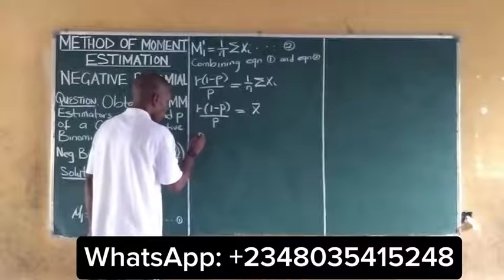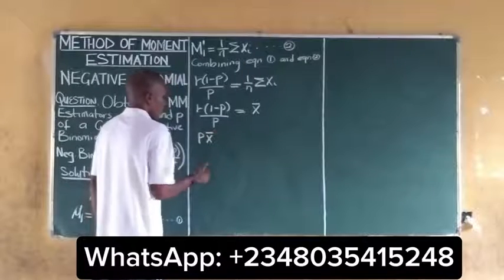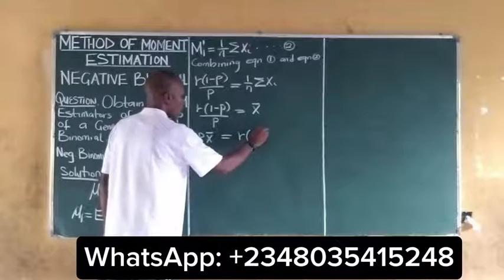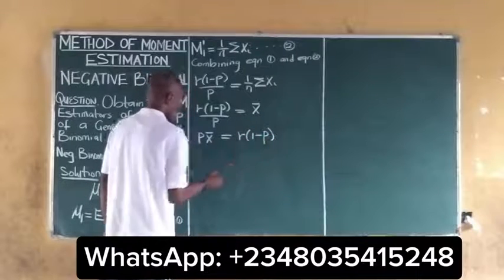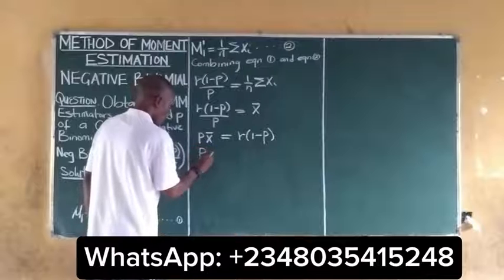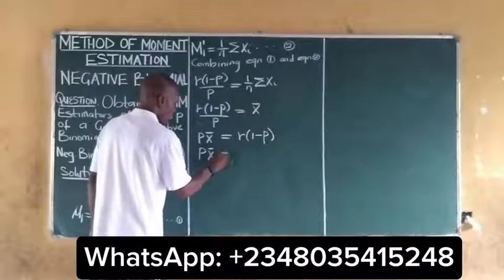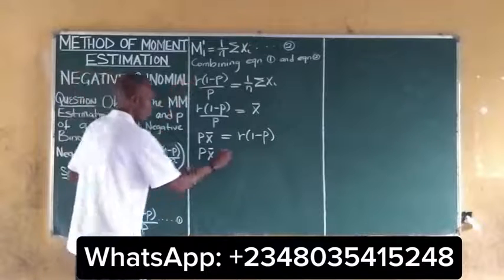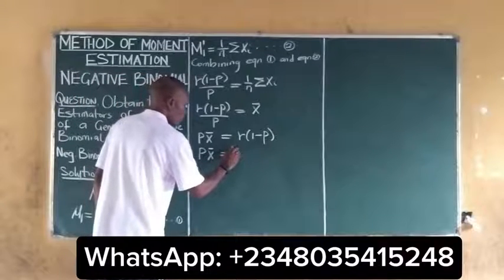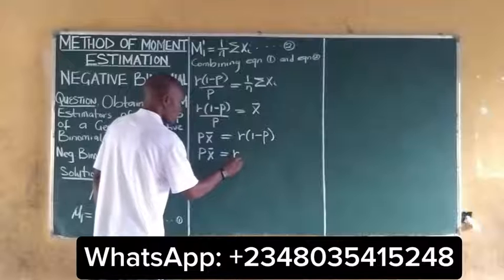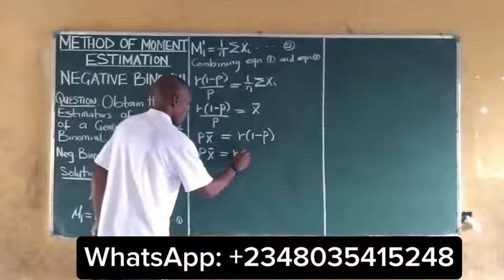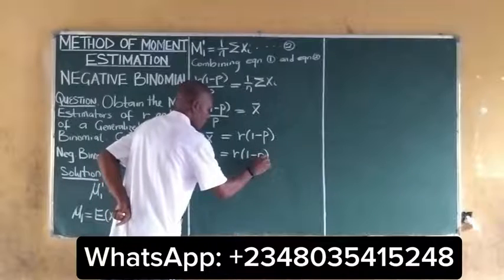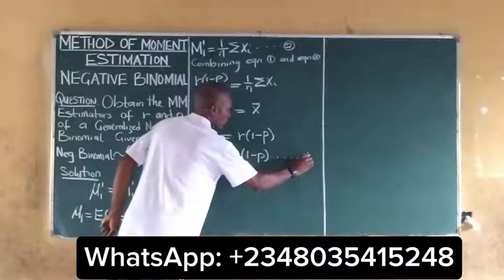When we cross multiply, we'll have p multiplied by the sample mean is equal to r(1 minus p). Let's take this as our equation star.